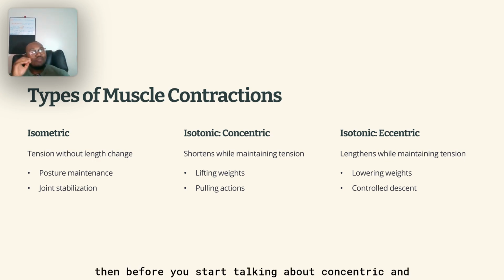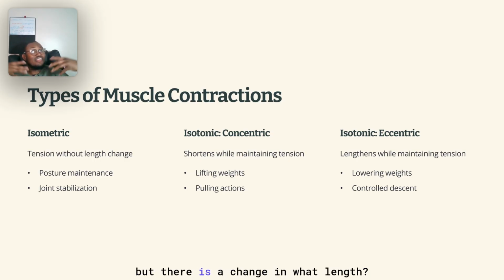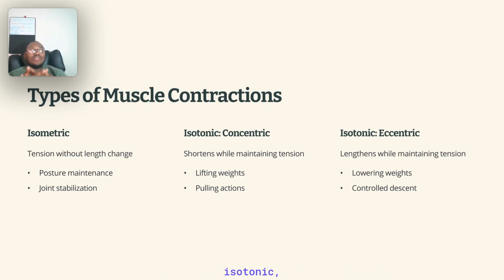Then before you start talking about concentric and eccentric, whether it is shortening or lengthening, there is a change in what? Length. If there's no change in length, that is what? Isometric. So you have to bear in mind, because I can ask you which one is true about isotonic eccentric contraction or isotonic concentric.